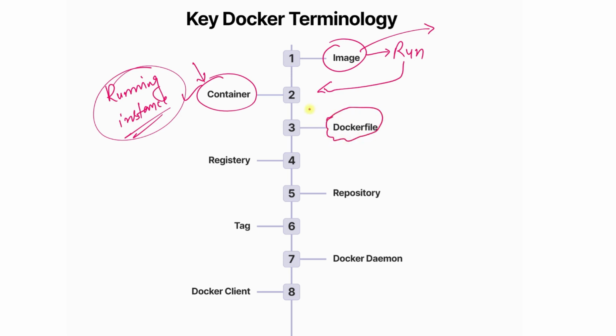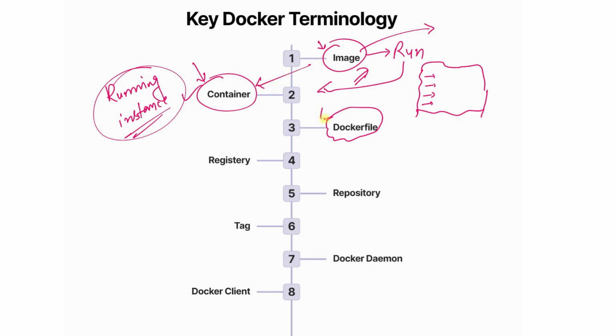Next thing, what exactly is the Dockerfile? Before building an image, we need to have some file that will have some instructions. Like you need to use this base image, you need to copy this thing, while running the containers what the ports are, everything you need to specify in this image, what exactly it will perform to create the container.